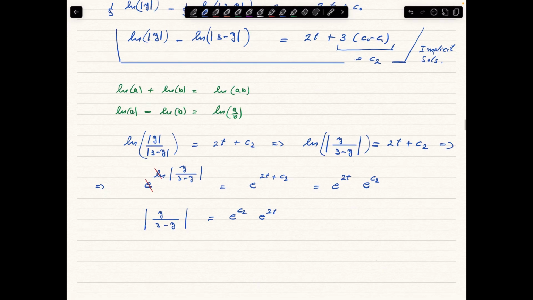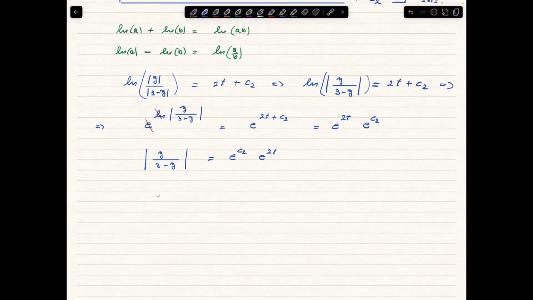We can get rid of the absolute values, and then we end up that y function of t over 3 minus y function of t is actually equal, okay, let's do it here to save a little bit of space.